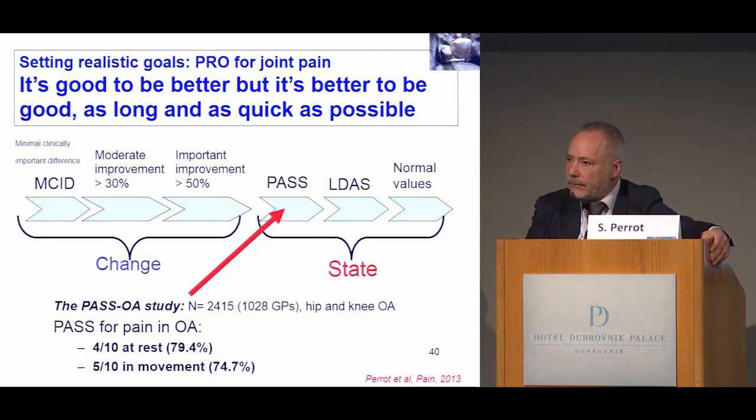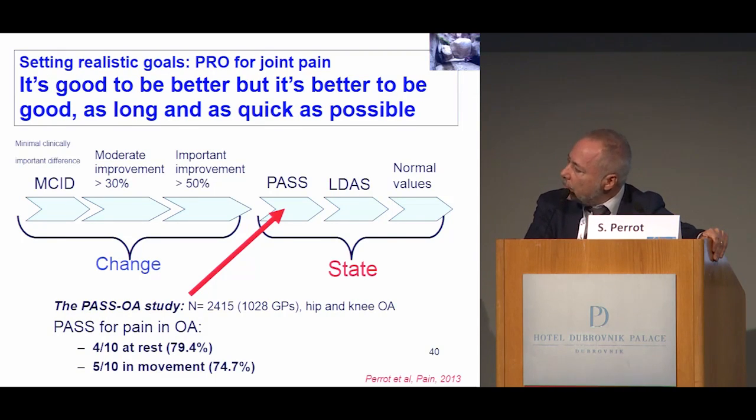This is adapted from rheumatological studies, especially rheumatoid arthritis, where we are not only looking at a specific change and how to change the pain, but also how to reach an acceptable symptomatic state. That is the PASS, the patient acceptable symptomatic state. And then we would like to go to normal values, but in this chronic pain condition it's very difficult.